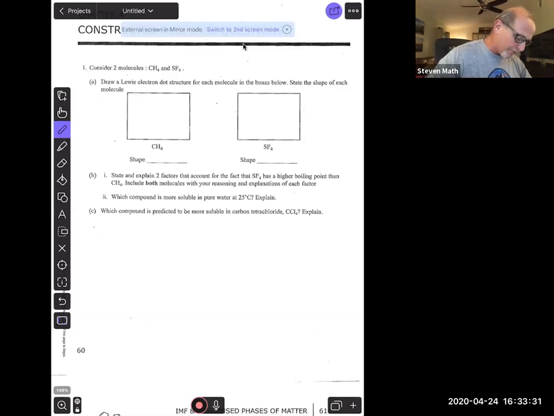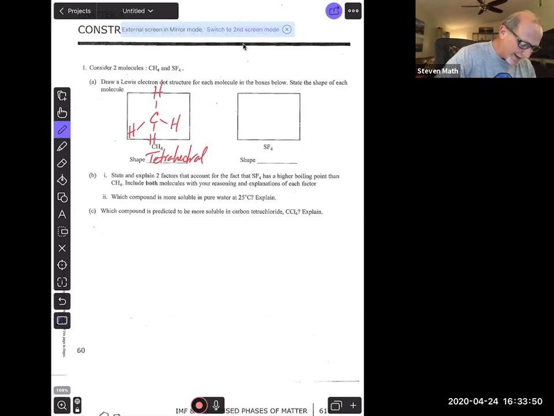These are pretty straightforward questions. Draw a Lewis structure for CH4. Say, all right, can do. CH4 shape: tetrahedral. How about SF4?